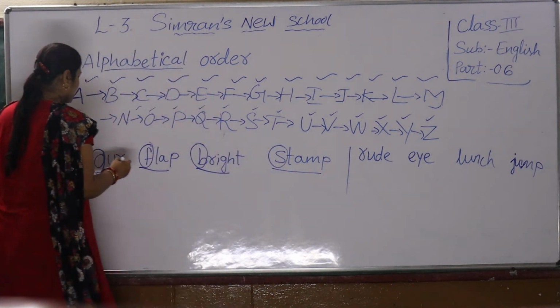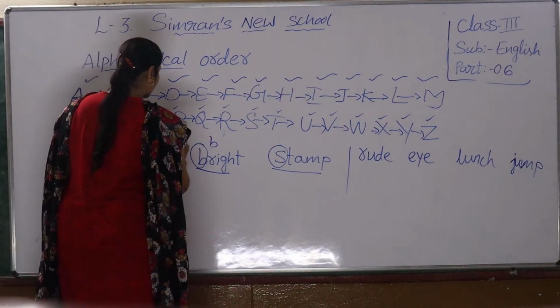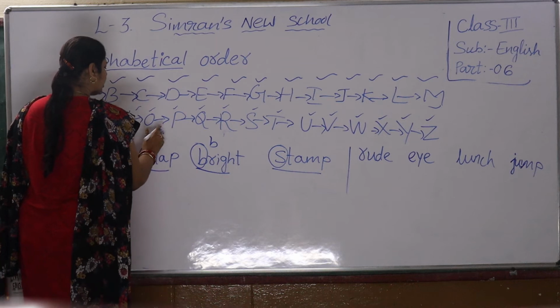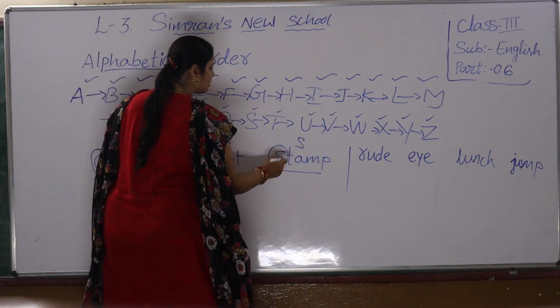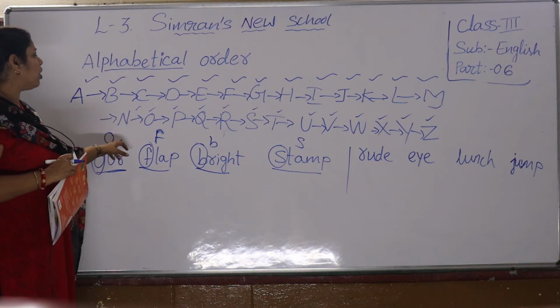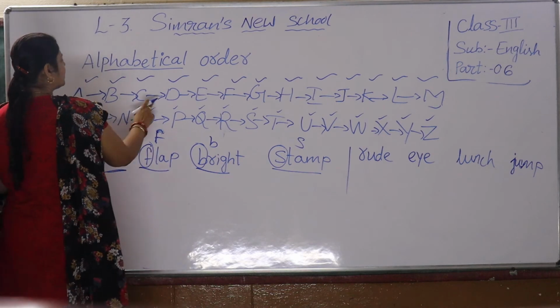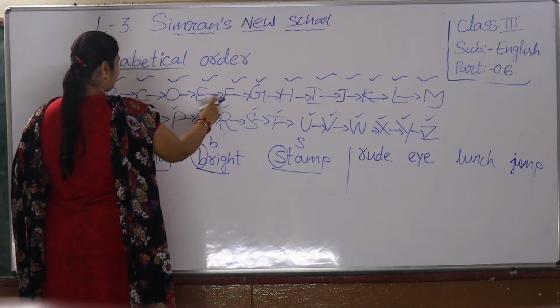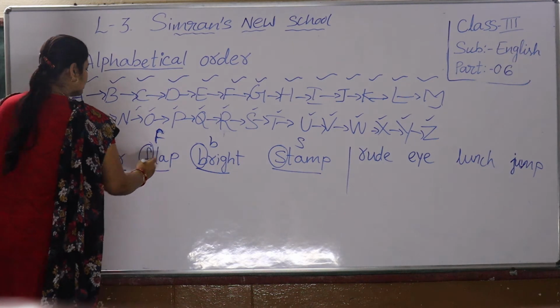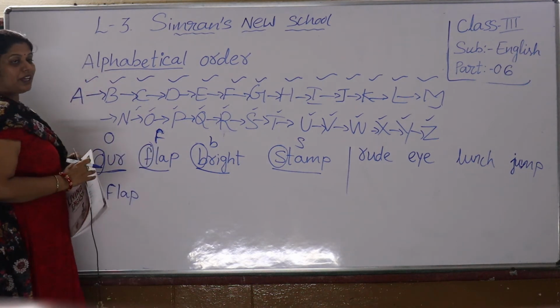Here it is O, here it is F, here it is B, and here it is S. So in our alphabets, which letter comes first? A, B, C, D, E, F. See here F. That means this word will come first.